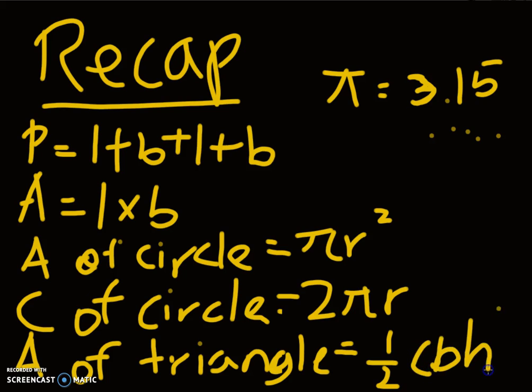So, quick recap. Perimeter of any shape is the total of all of its sides; in a quadrilateral, length plus breadth plus length plus breadth. Area is length times breadth. Area of a circle is pi r squared. Circumference of a circle is the length around the circle, which is 2 pi r. And area of a triangle is 1/2 base times height, and pi equals 3.15.